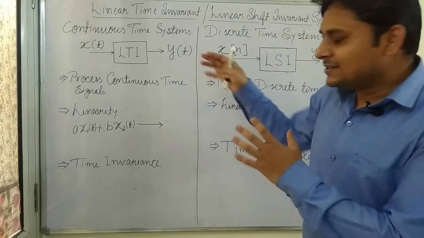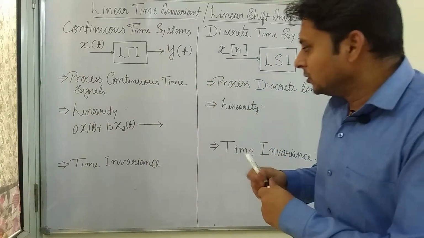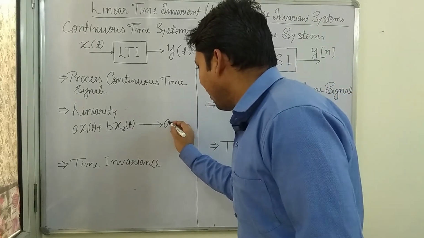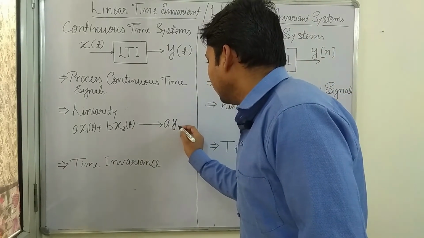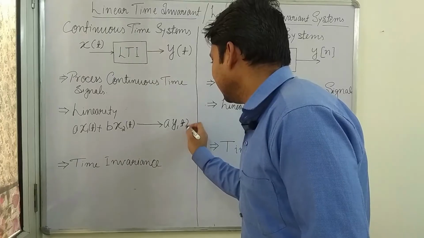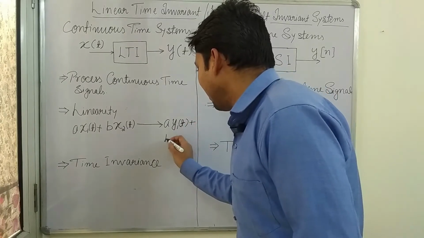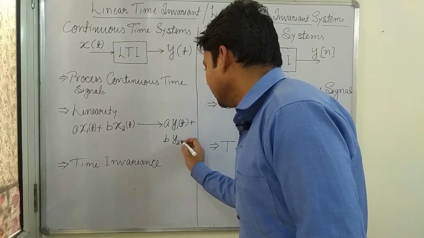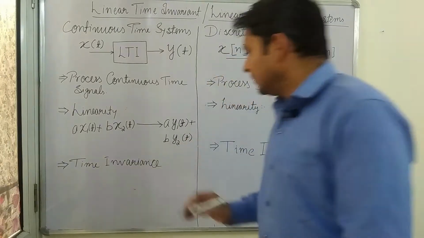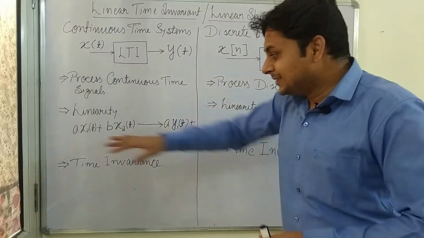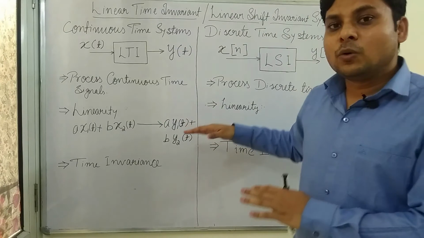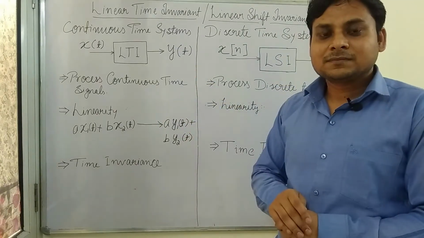If any system gives output in the form a y1(t) plus b y2(t), then this kind of system is known as a linear system.